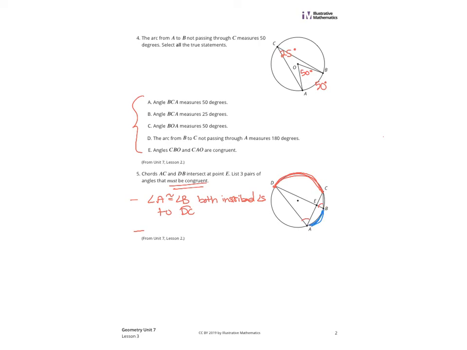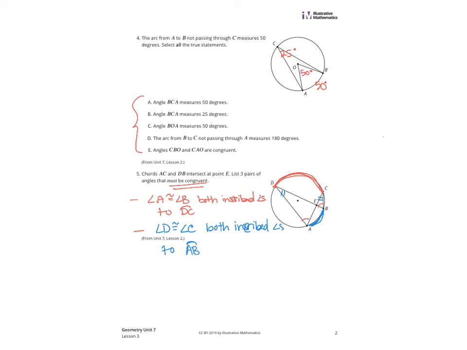And in my picture, I've got two inscribed angles whose vertices meet at AB, and that's both D and C. So D and C would also be congruent. So angle D would be congruent to angle C because both are inscribed angles to, in this case, arc AB.